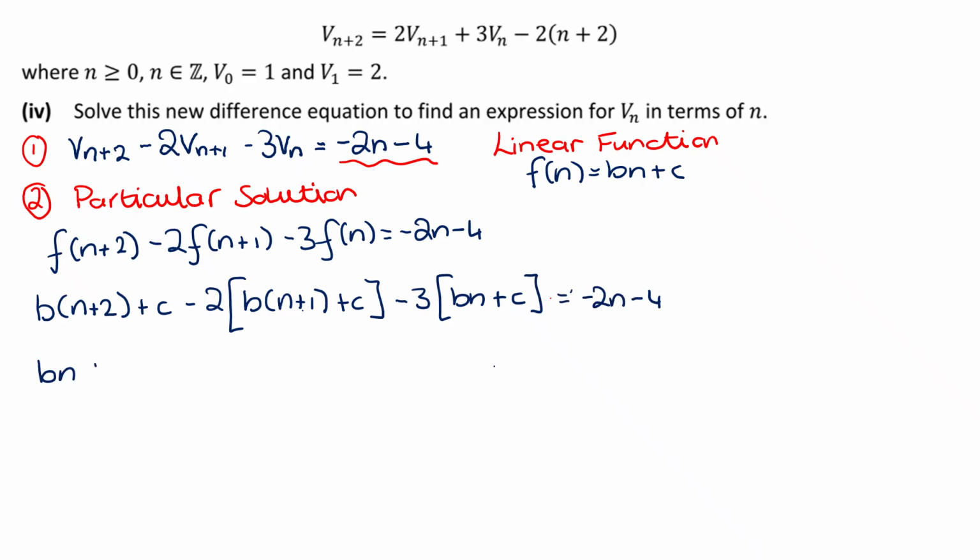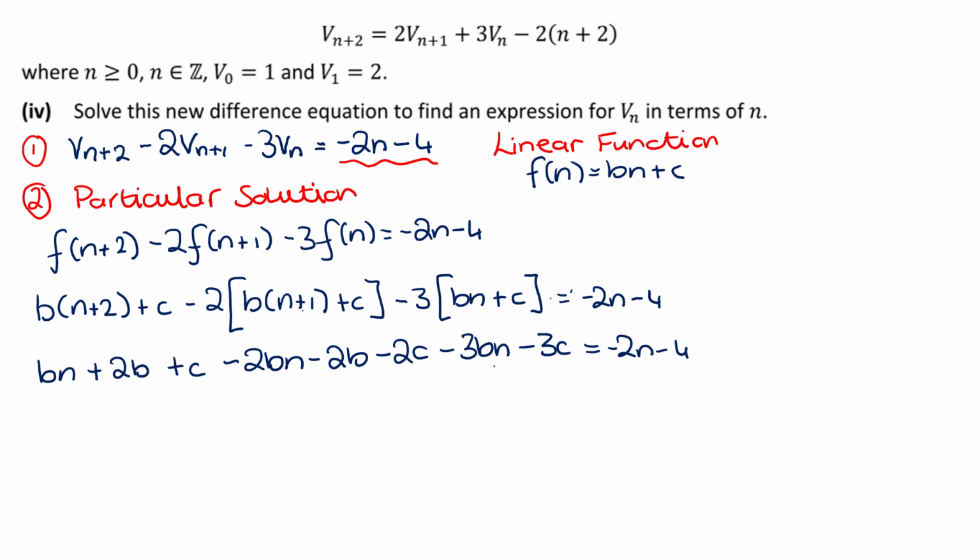So expanding that, we get bn plus 2b plus c minus 2bn minus 2b minus 2c minus 3bn minus 3c equals minus 2n minus 4. So at this point we have an identity.